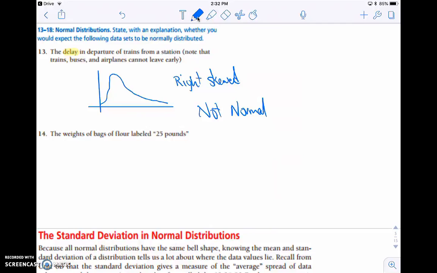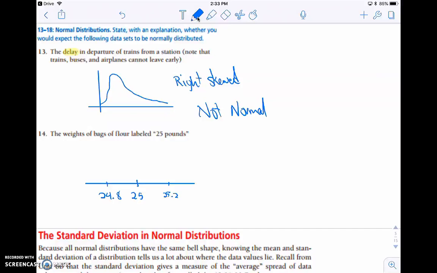The next one, the weight of bags of flour labeled 25 pounds. Now if you think about bags at 25 pounds, say here's our 25 pounds, you would expect that if you looked at the data, the majority of that data, and they're probably very precise in their measurements, so maybe this is like 24.8, I'm just making up some numbers here.